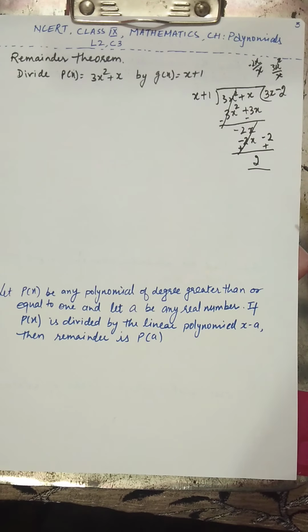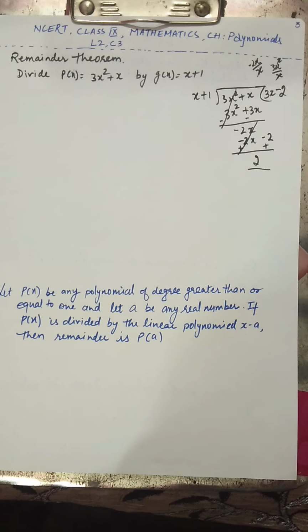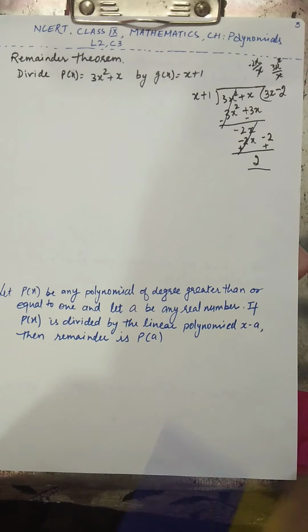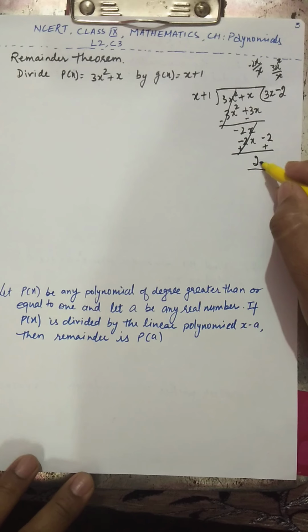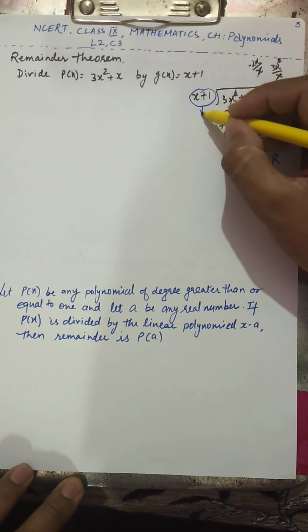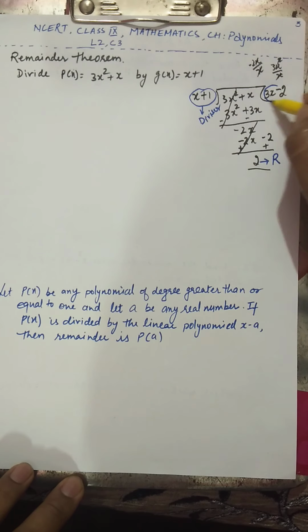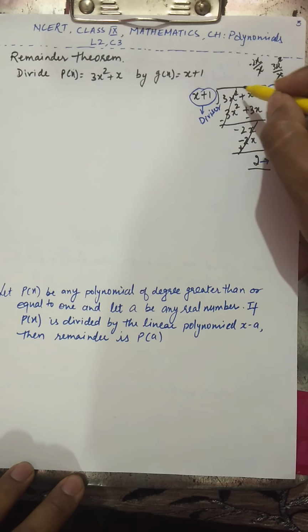So here you can see what 2 is. 2 is your remainder, x + 1 is your divisor, 3x - 2 is your quotient, and this 3x² + x is your dividend. So this is your remainder, this is your divisor, this is your quotient, and this one is your dividend.